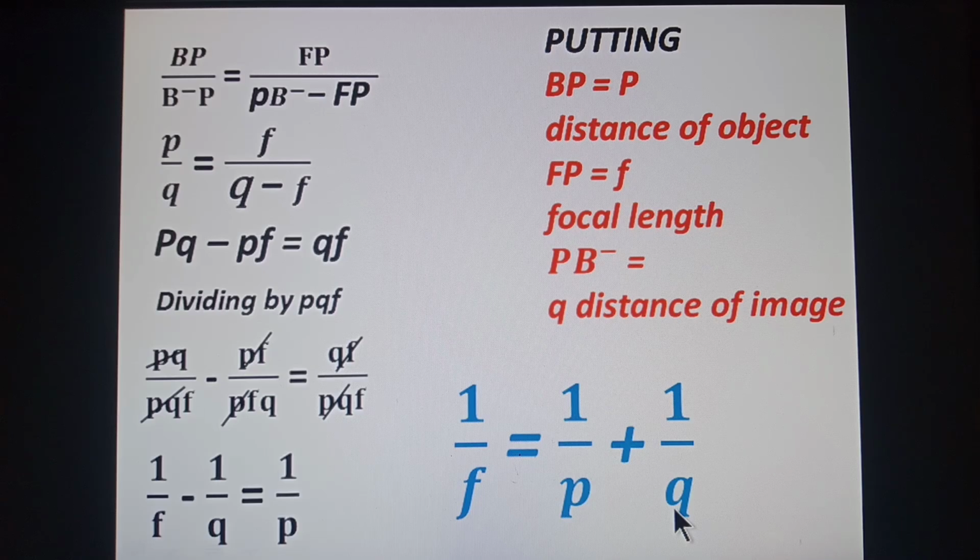Q is positive for real images, and Q is negative for virtual images. A virtual image is one that we cannot obtain on the screen, where the actual rays of light do not meet. However, they appear to meet there. So the image is virtual, and for a virtual image we take the value of Q negative.